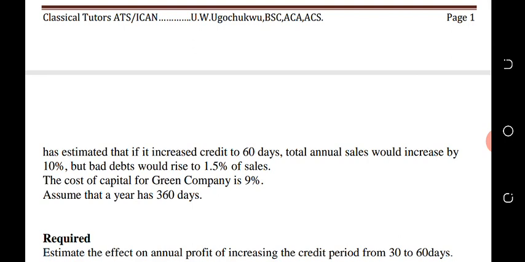And the cost of capital for Green Company is 9%, which is the interest charge. Assume that a year has 360 days.